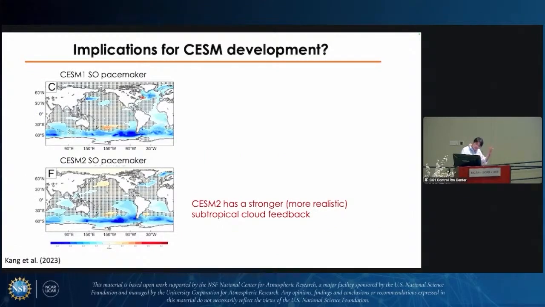This is Southern Ocean pacemaker simulations in two versions of CESM1, where the Southern Ocean SST anomalies are nudged to observations, and we see the remote response. In this paper by Sarah Kent et al., 2023, they find CESM2 tends to simulate a stronger subtropical remote response, potentially because this model has stronger cloud feedback.